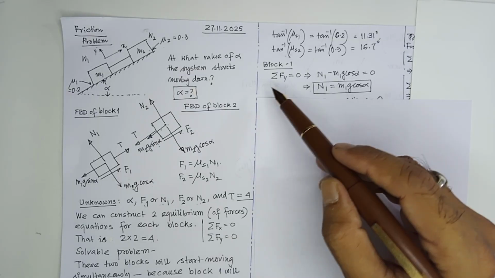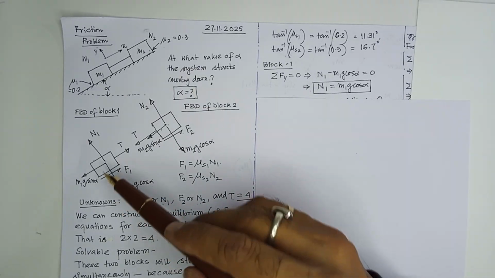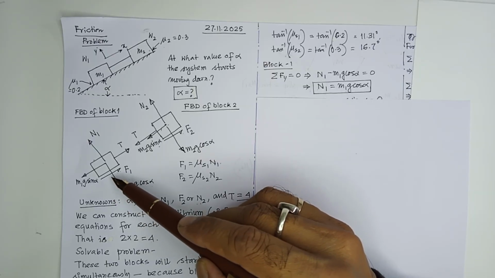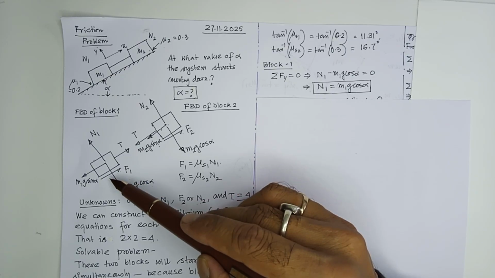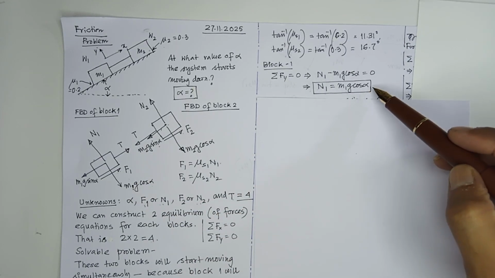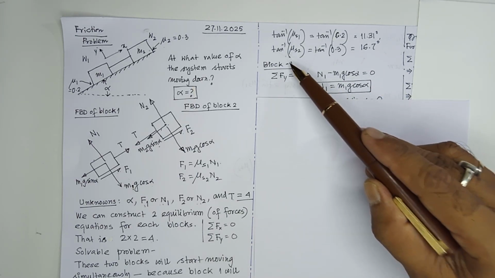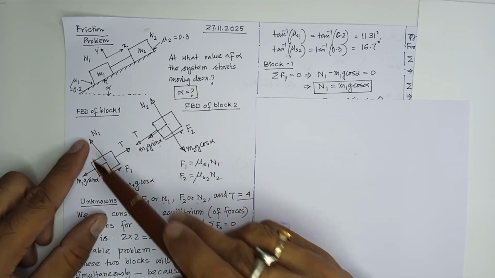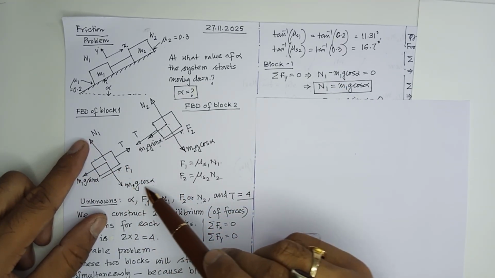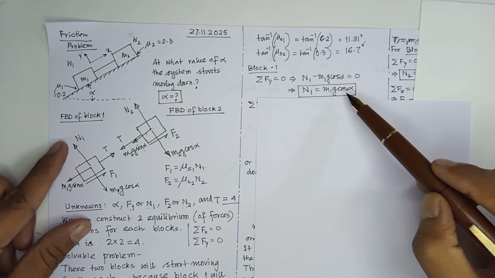So here first I will write the y equation, because there the number of variables or number of terms are less, so I can easily replace from them in the x equation. So summation fy is equal to 0 for block 1, this one: n1 minus m1g cos alpha is equal to 0, so n1 is equal to m1g cos alpha.